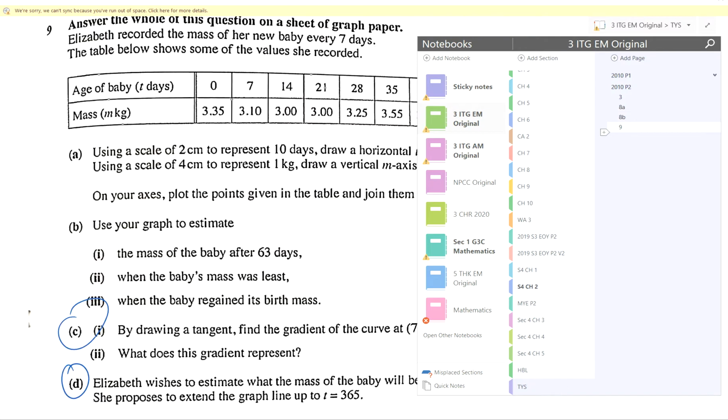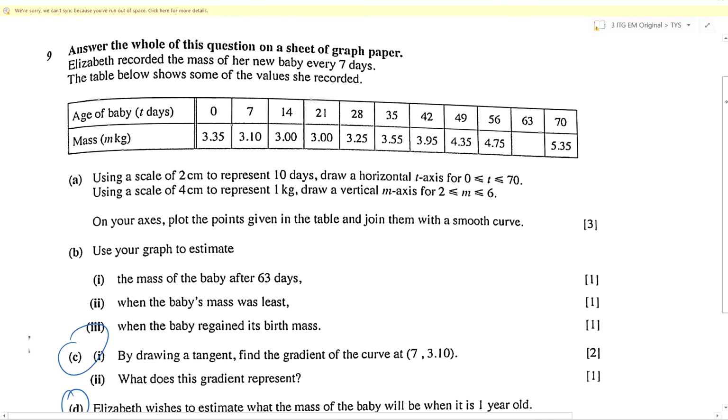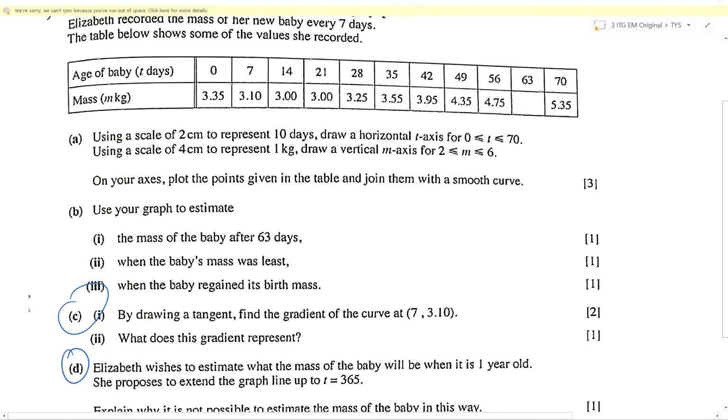The final question I'm going through is question 9, your graph question. On part C, sorry, C part 2. What does the gradient represent? Whenever you are asked what does the gradient represent, what does the slope represent, we can fall back on some key phrases.